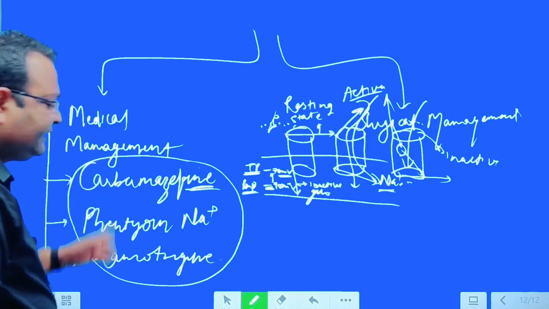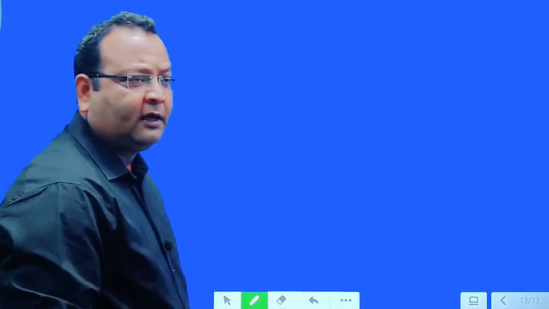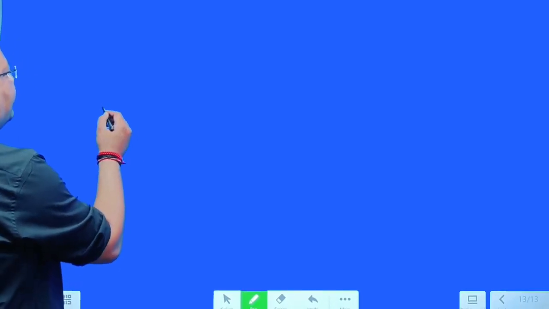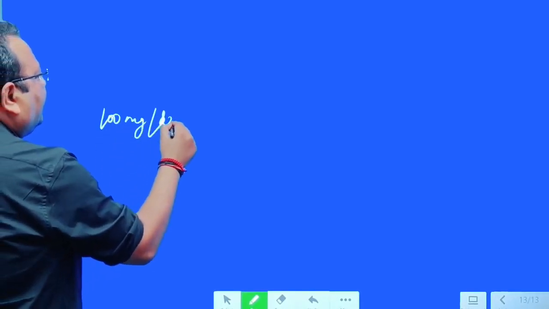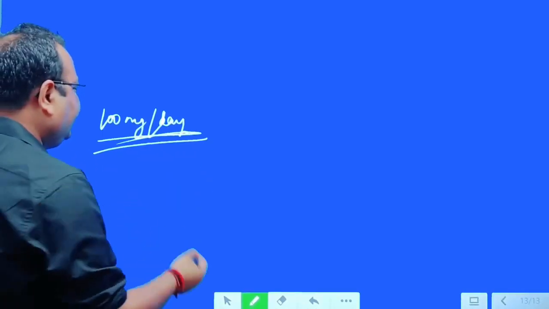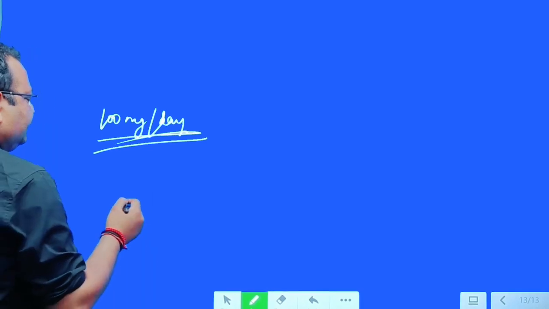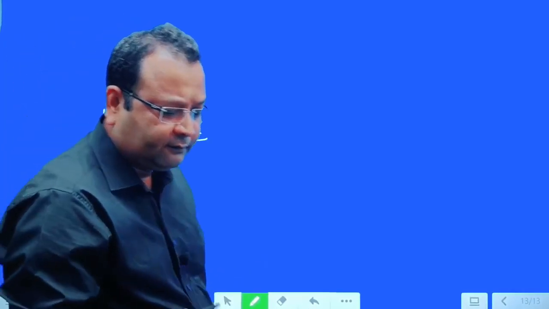So these are some drugs which are used in medical management. You can start carbamazepine with a minimum dose of 100 mg per day, and you can increase the dose gradually and look for the changes which have occurred in the patient.